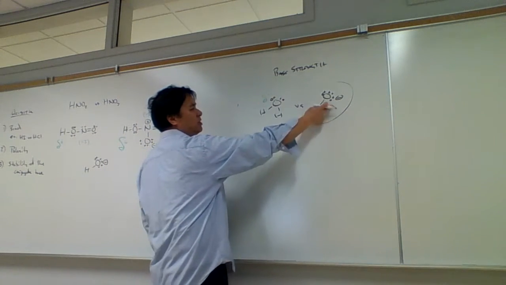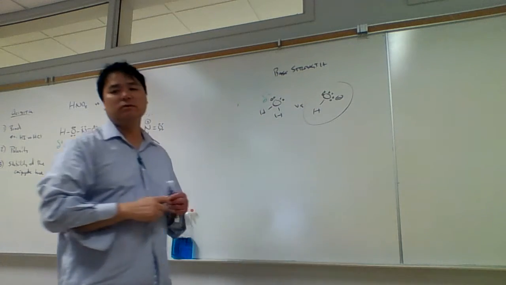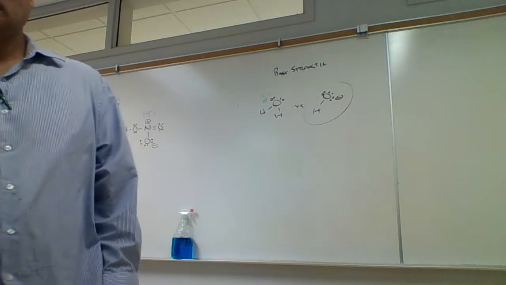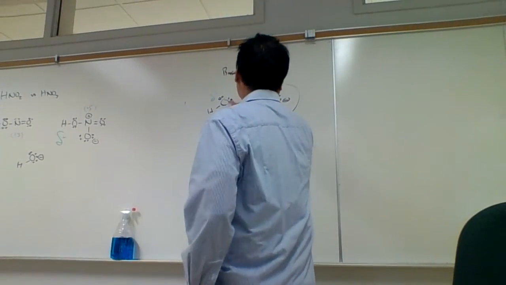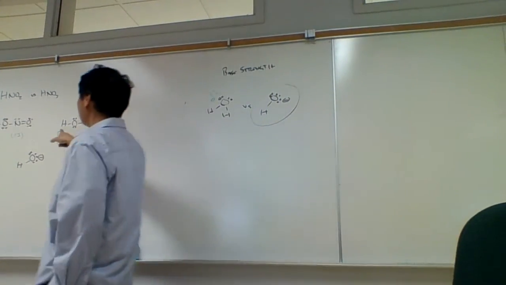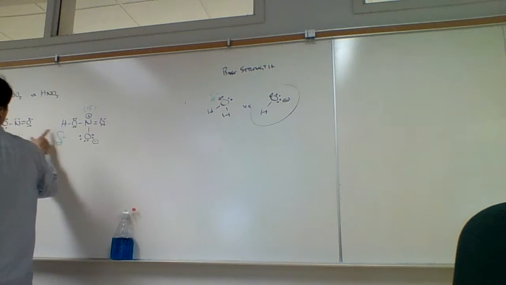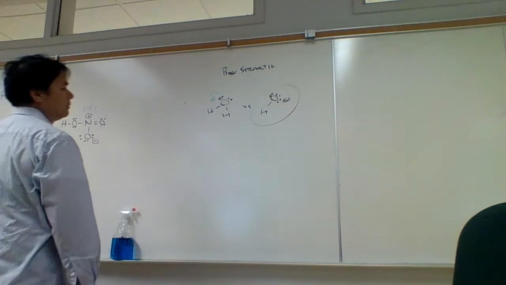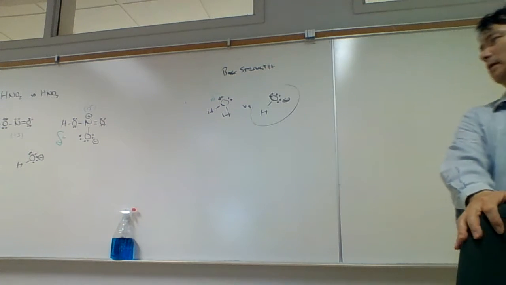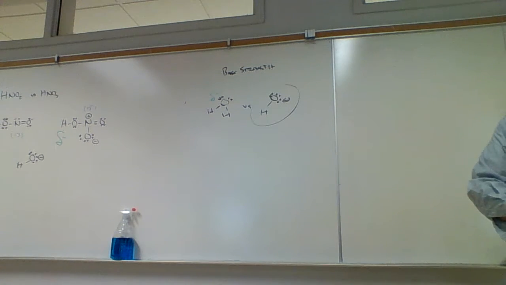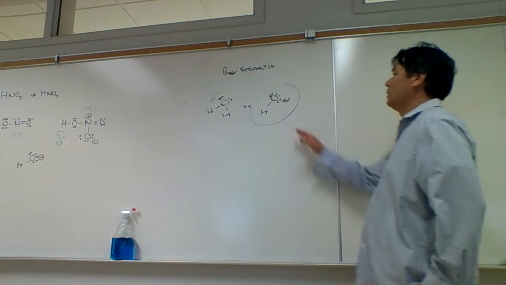And so with a full negative charge versus a partial negative charge, we'd expect the full negative charge to be the stronger base. We're looking at the full negative charge being attracted to the partial positive on the acid here. And so the higher the charge, the more reactive these are going to be. The stronger the base and the stronger the acid, typically. So that's what we look at here.